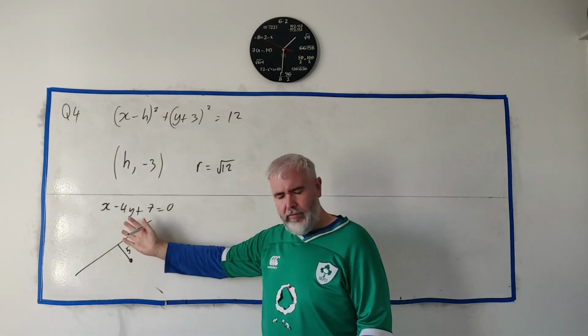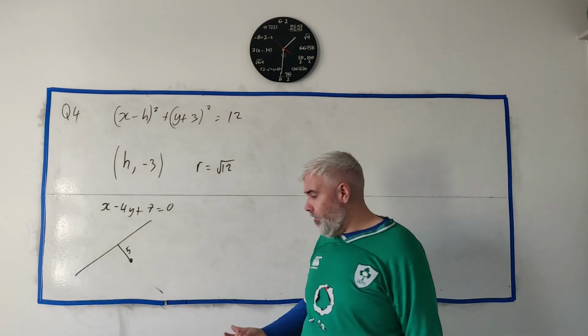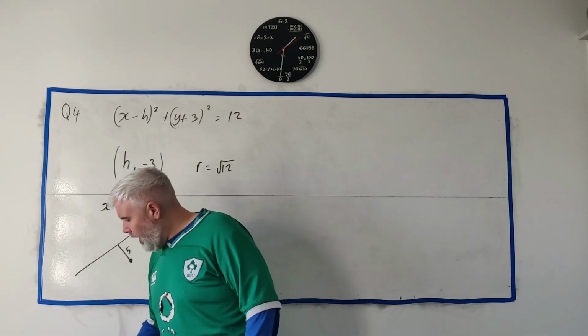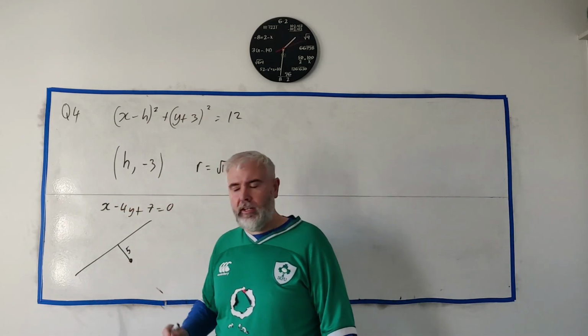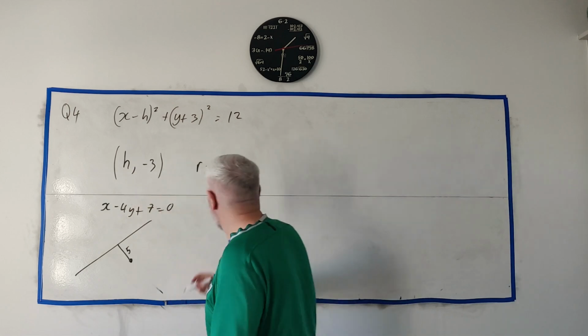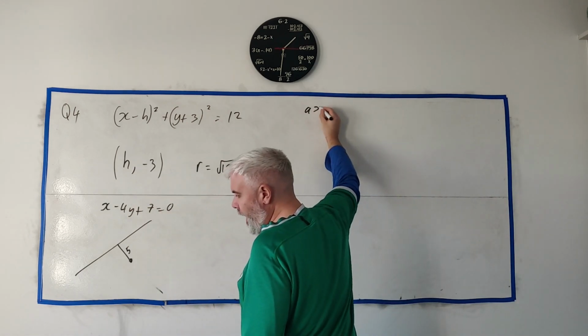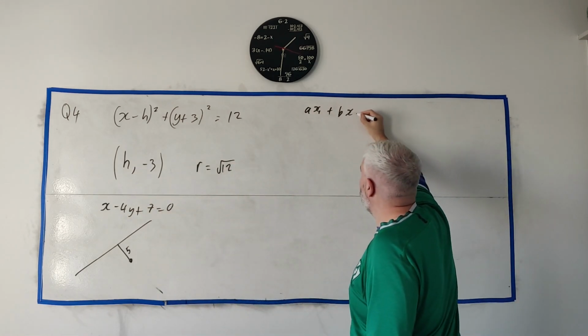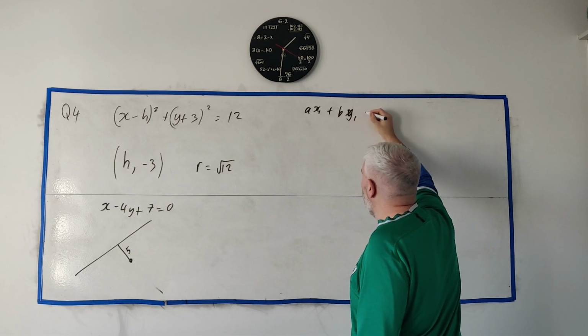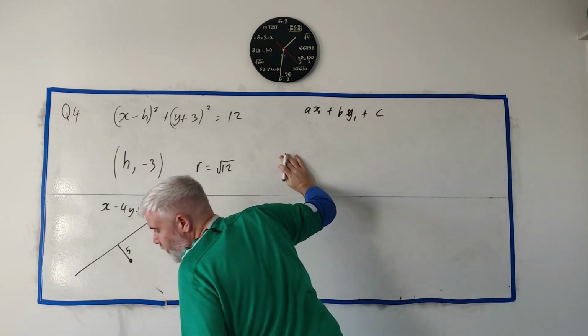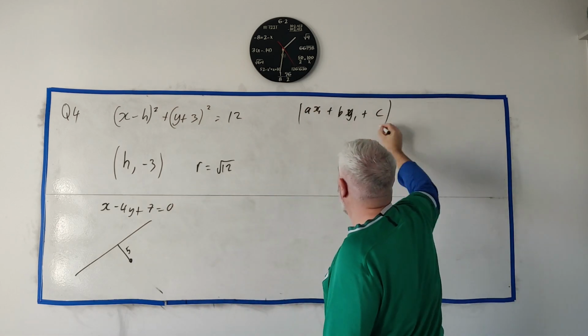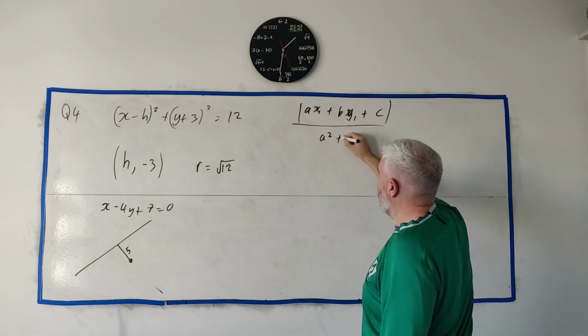There are loads of formulas you could use here, but there's a formula given to you in your tables to find the perpendicular distance from a line to a point, and that formula is the absolute value of ax1 plus by1 plus c, all divided by the square root of a squared plus b squared.